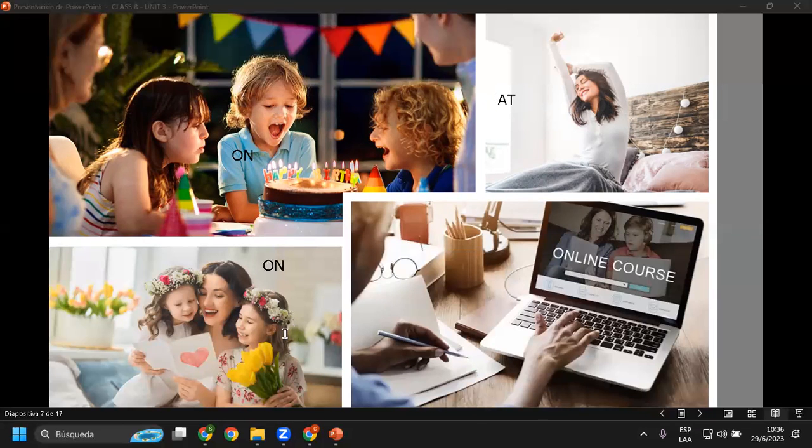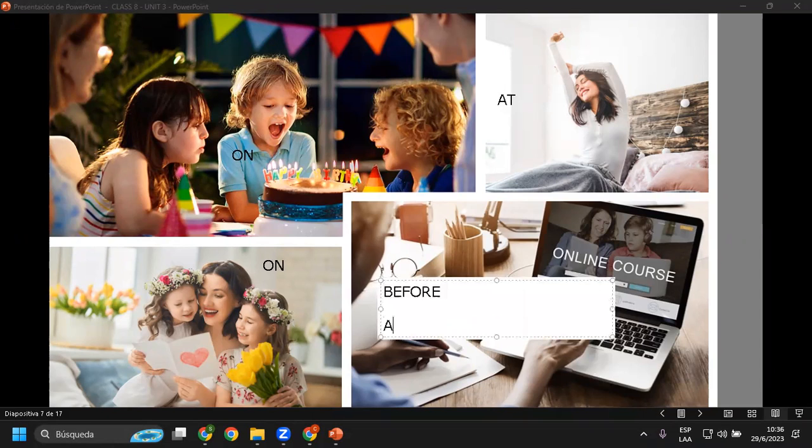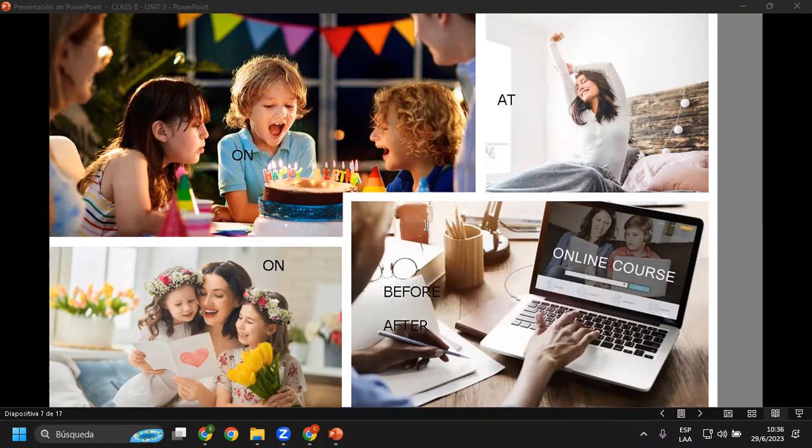And then, what was the question in the last picture? What do we do before the class? Before, and then? The class. After. So, we are going to study today a very important topic related to those prepositions.